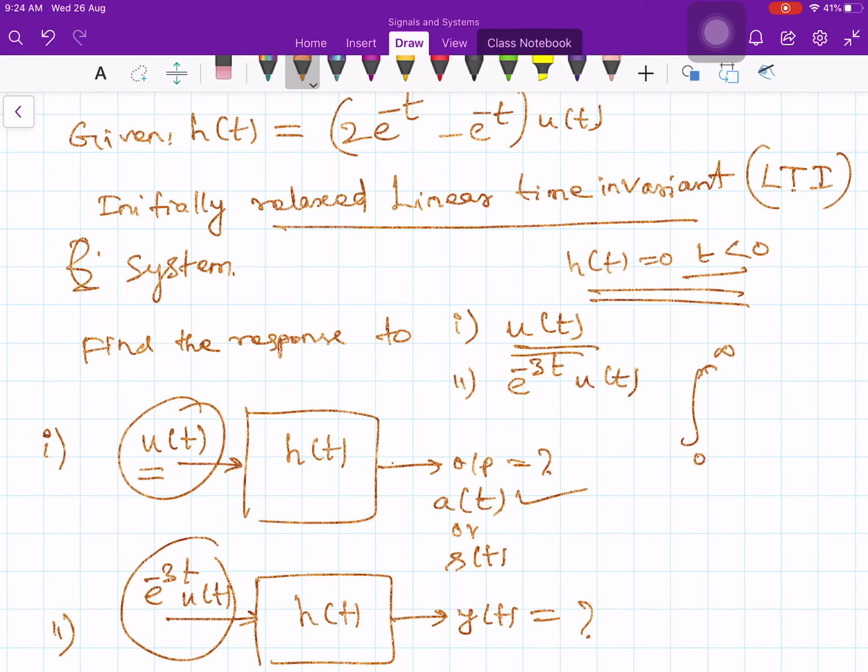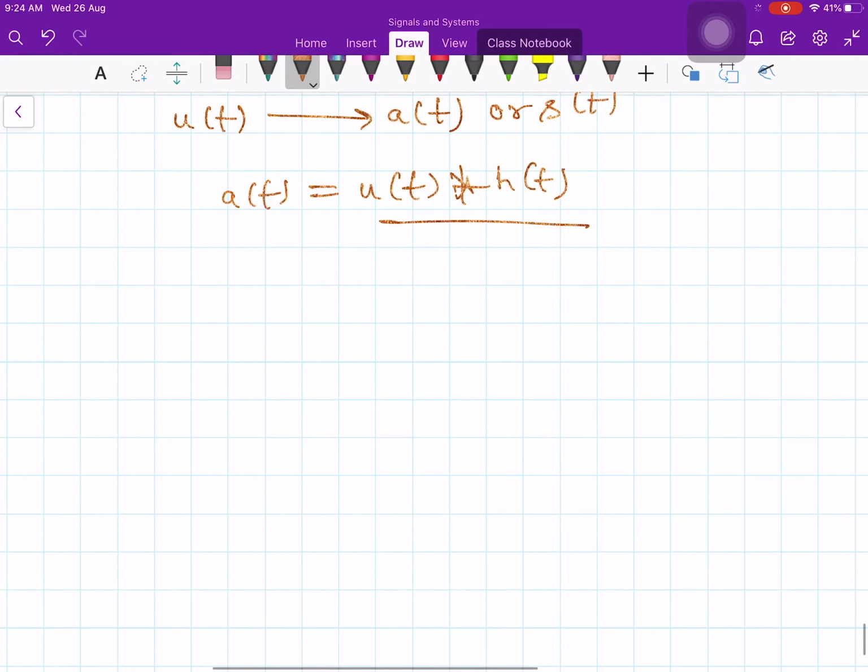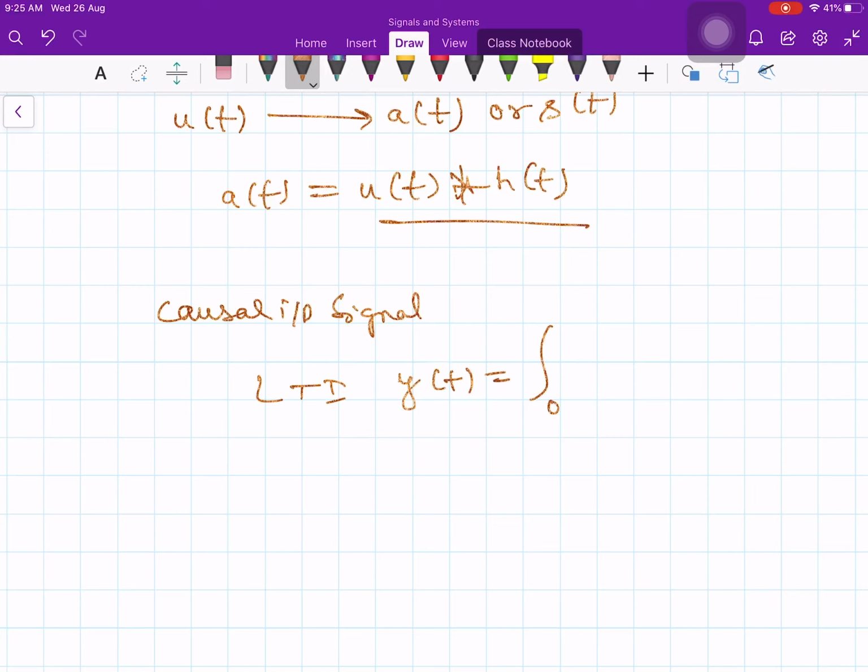x of tau. Maybe I'll write down here. Two conditions. One is causal input signal. In that case, your LTI system becomes y of t is equal to the integral from 0 to infinity of x of tau h of t minus tau d tau. That's what we mean by this. Because your x of t starts at 0 if it is a causal signal, we know the definition.